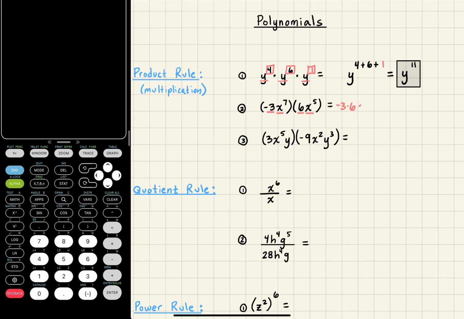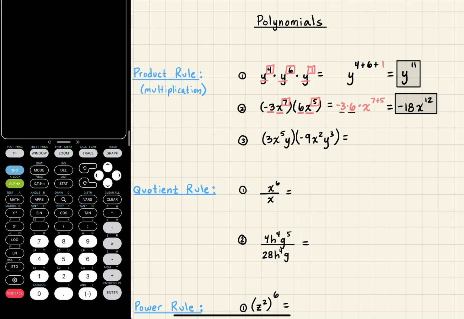We just keep the base the same, and we add these exponents for a final answer of negative 3 times 6, that's negative 18. And we'll have x to the 7 plus 5, that's 12. And we're finished with problem number 2.